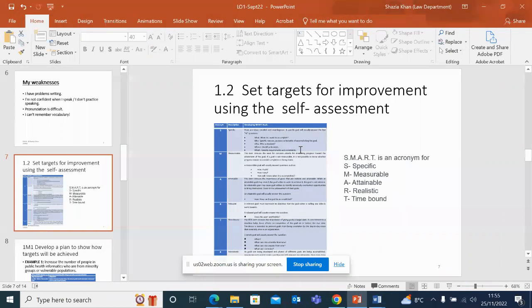It's like a SMART objective template, and what SMART means is the first one is S, which means specific. So what is the specific task? For example, you might want to do referencing while writing your assignments. The second one is measurable. So what are the standards or parameters?